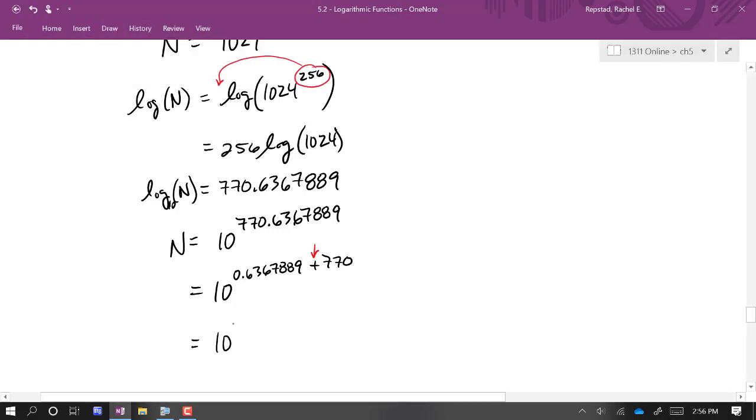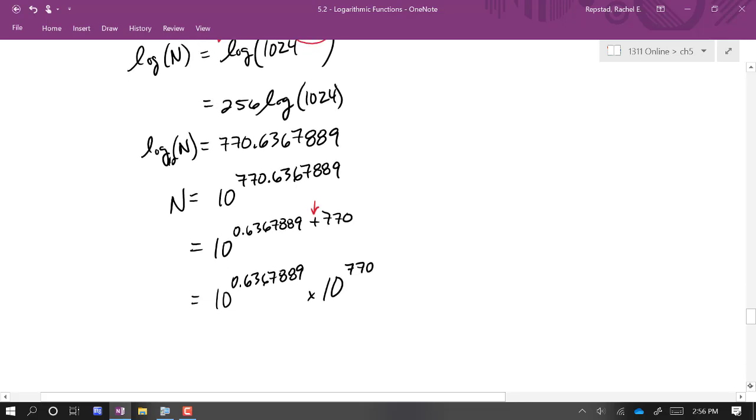This is 10 to the 0.63678889 times 10 to the 770. And now I'm going to use the calculator one more time to evaluate 10 raised to the 0.63678889.